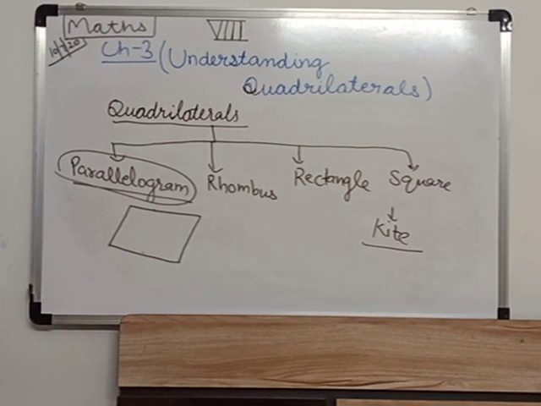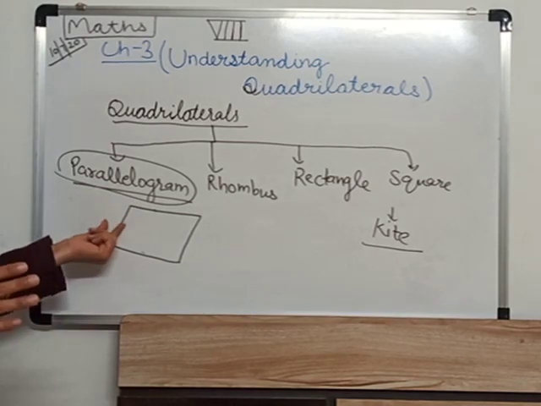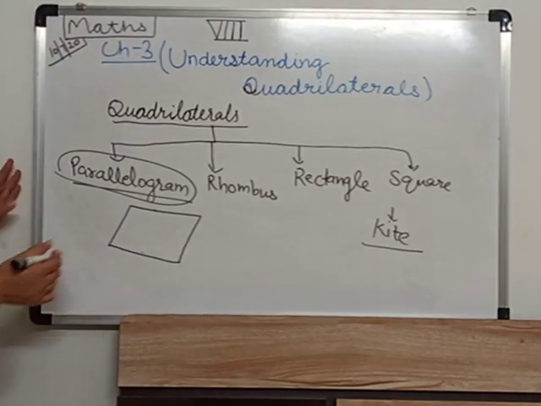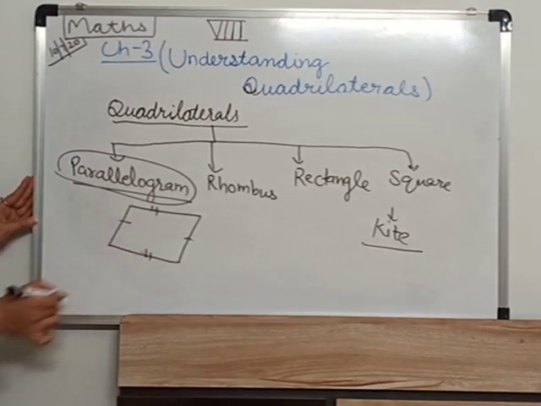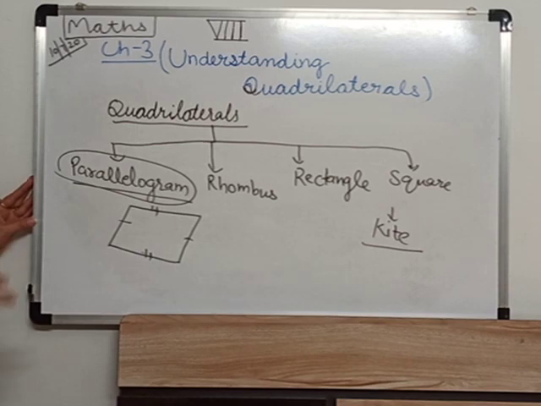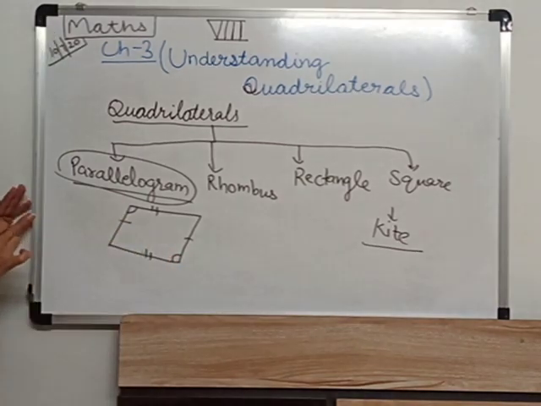First property is opposite sides of a parallelogram are equal. These sides are equal, these sides are equal. Second property is opposite angles are equal. Means this angle is equal to this.